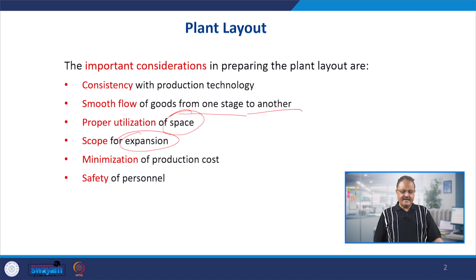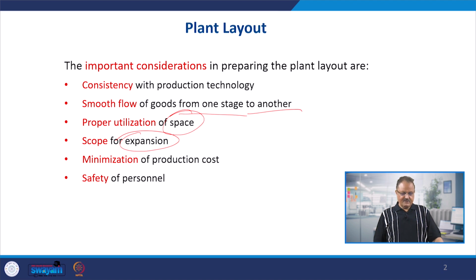Initially, maybe we understand that the production level will be lower because the product is new in the market, or we are the first mover in the market with the product. So people may not understand how to use it, whether to buy it or not to buy it. But over a period of time, when people start buying it and the product becomes popular in the market, capacity utilization also increases.